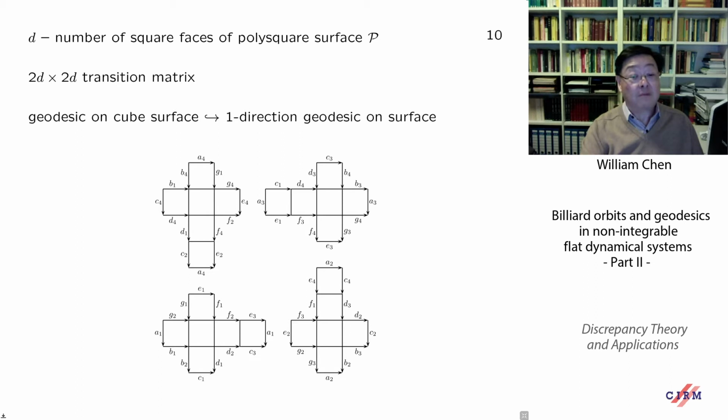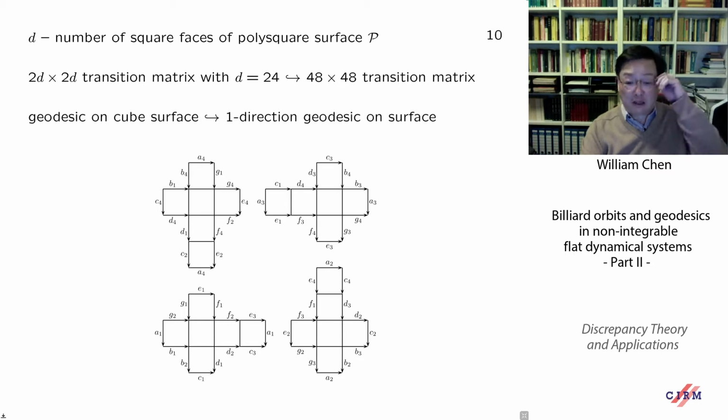Let's look at a problem. If we want to study geodesics on the cube surface, then in the last lecture, we've already shown that this is equivalent to studying one direction geodesic on a surface that looks like this, that has 24 faces, which means that we end up with a 48 by 48 transition matrix, which is a rather large transition matrix, not something where one would calculate the eigenvalues by hand, right?